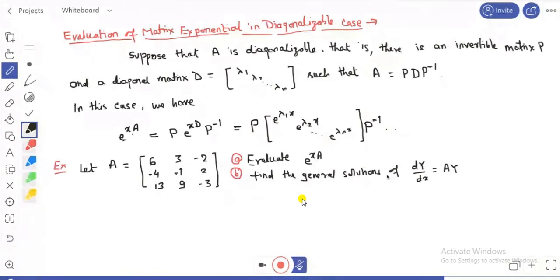Okay. So what is the solution of this system of linear equations when A is represented by this matrix? And also, if we add some initial condition, what is the solution of the system?